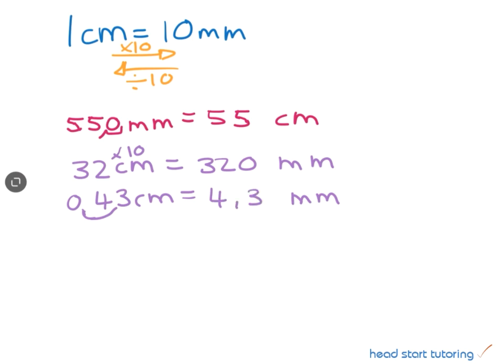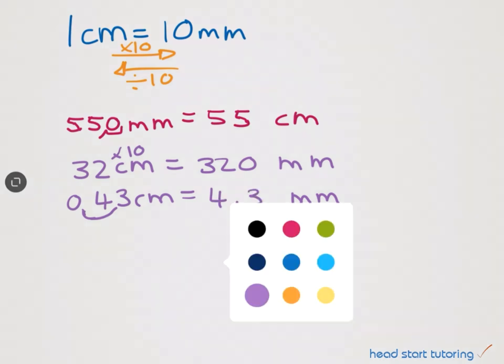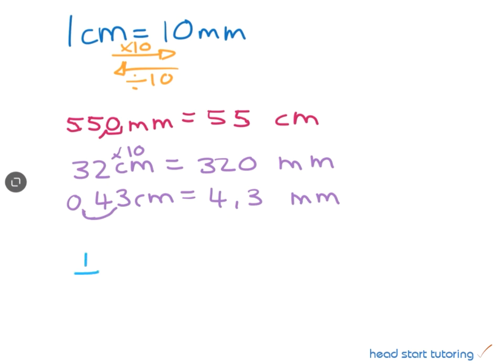If I would like to work out what 1/5 of 3 centimeters is equal to in millimeters, I need to convert my 3 centimeters into millimeters, which all I do is multiply by 10.